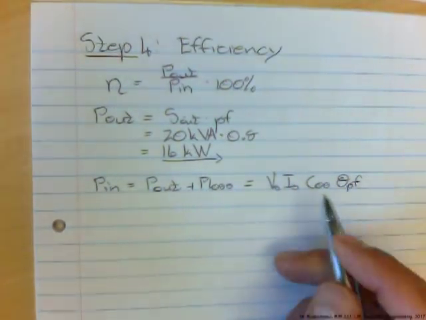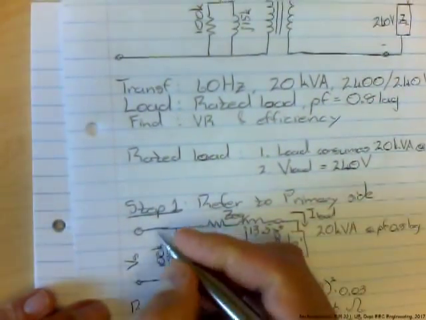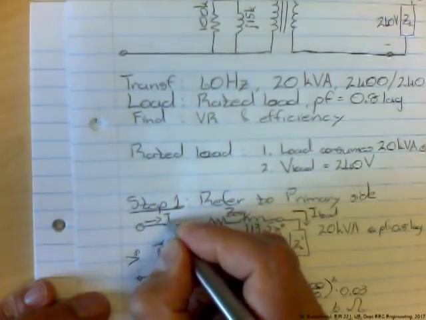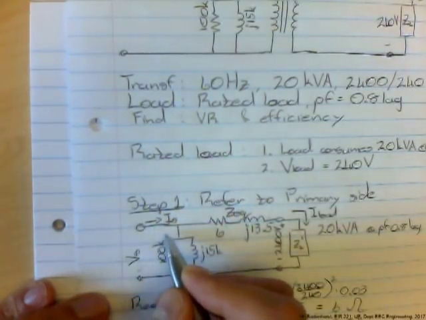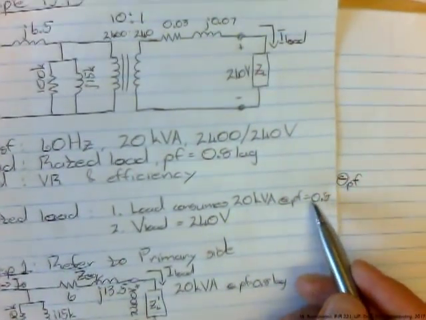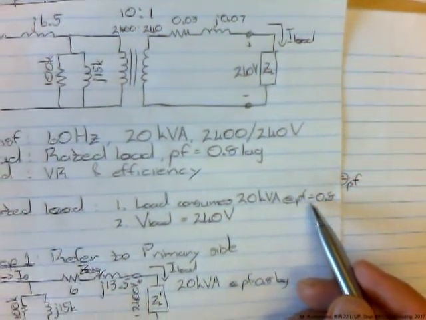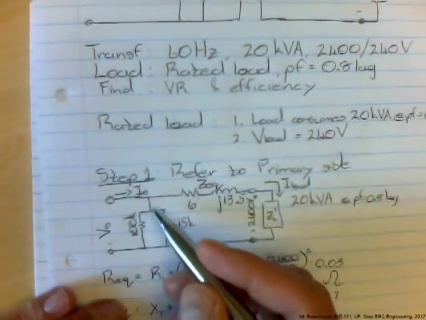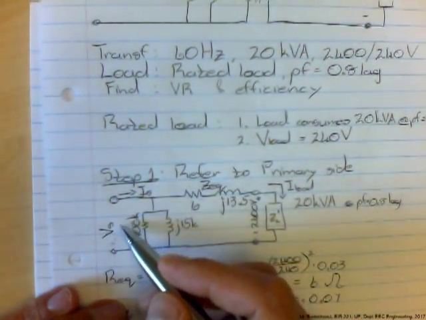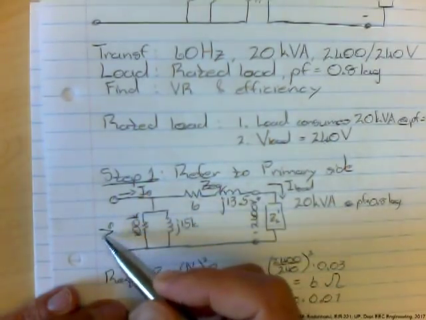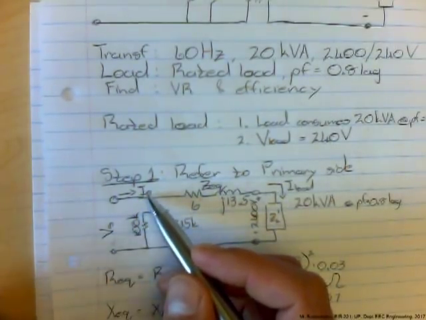Now what is this Vs Is that I'm talking about? We're talking about the current that actually comes in on the input from the source side, and the power factor angle there is not the 0.8. The 0.8 is the load power factor. Here, when you're taking Vs Is cos theta, we need to take the angle difference between the source voltage and the source current.